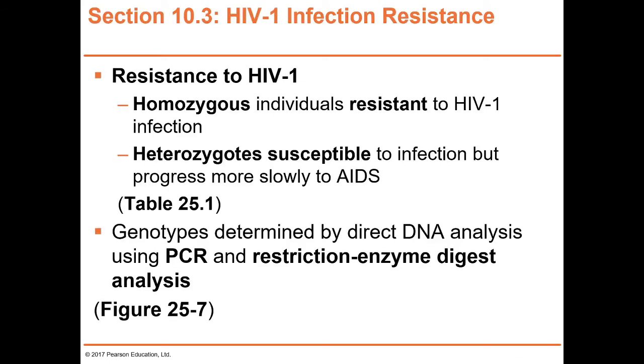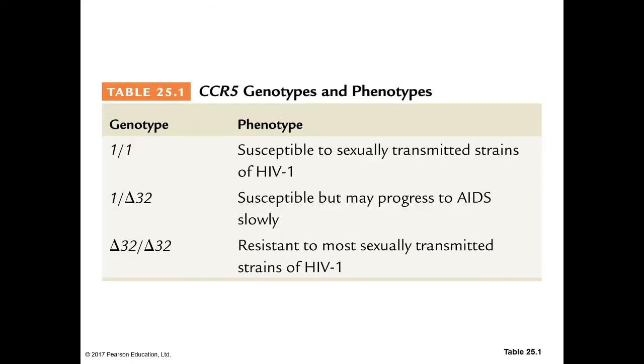Some people are resistant to HIV-1. Homozygous individuals for delta 32 are resistant to HIV-1 infection, but heterozygotes are susceptible yet progress more slowly to AIDS. Genotype is determined by direct DNA analysis using PCR and restriction enzyme digest analysis. You get this genotype and phenotype. Genotype 1/1 is susceptible to sexually transmitted strains of HIV-1.